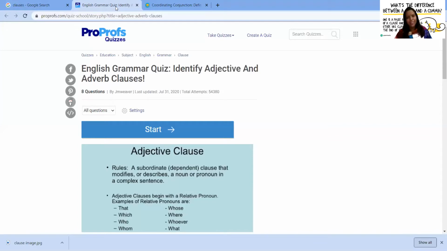Let's take an example. This is the watch that my uncle gave me. So this is the watch is the main clause, that my uncle gave me. That means I'm pointing to that watch, that was given by my uncle, isn't it? This is the road which leads to the stadium. So I'm pointing to the road.